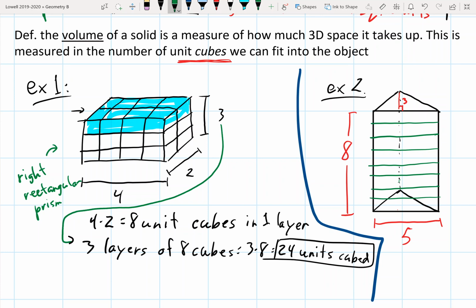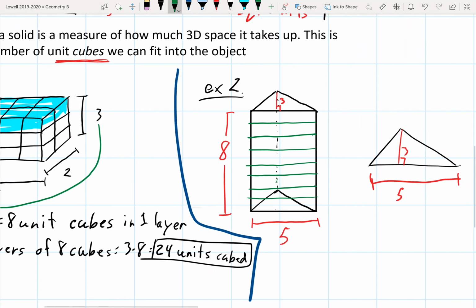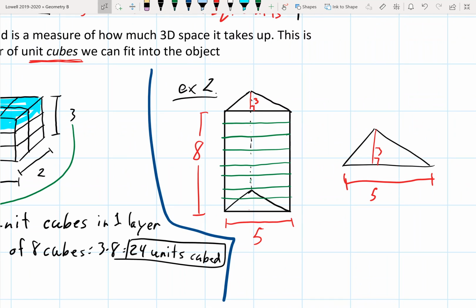Now, because the bases are directly on top of each other, I think it makes sense that each of the layers is going to be exactly the same, right? So I'm going to take a look at just one here. So what I'm doing here is taking a bird's eye view of this prism. So this is a top-down view. Okay.